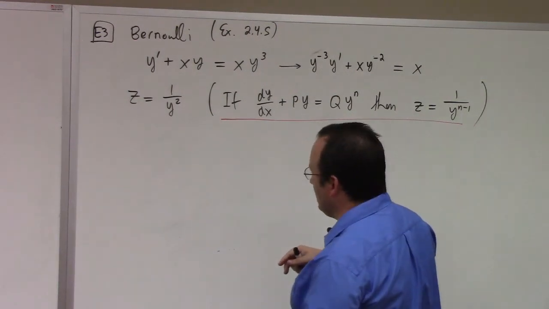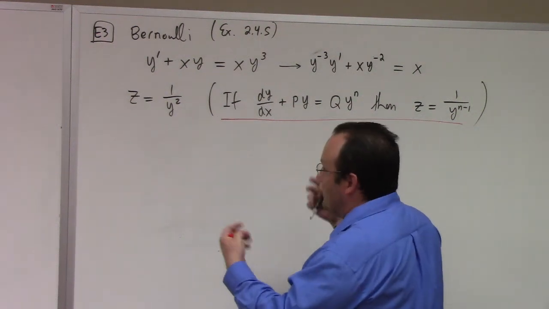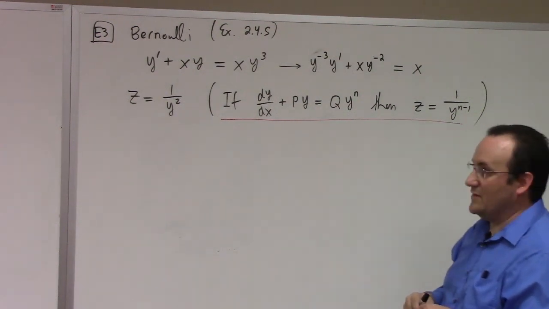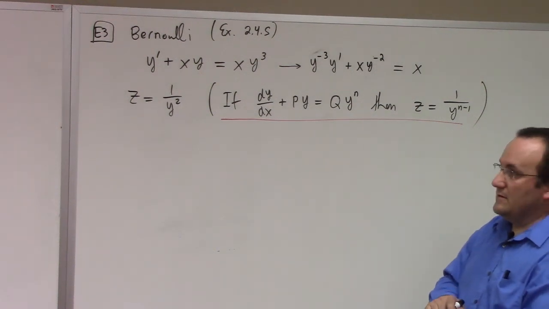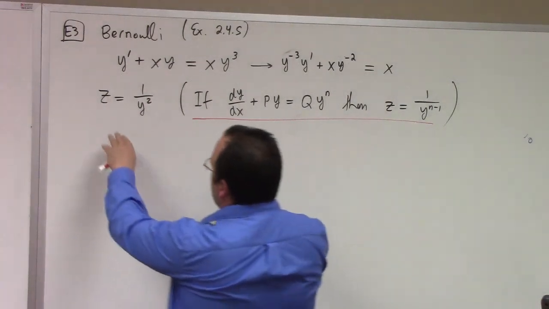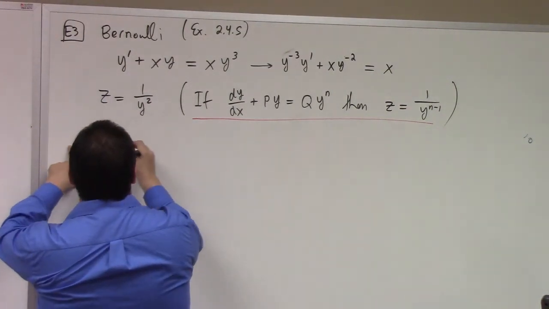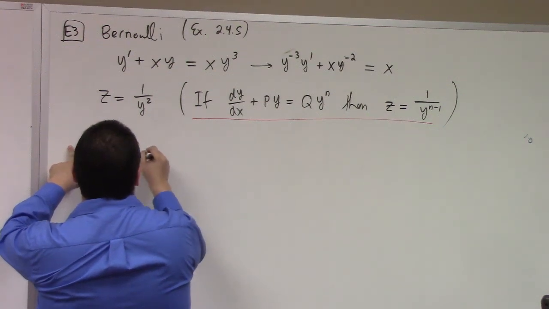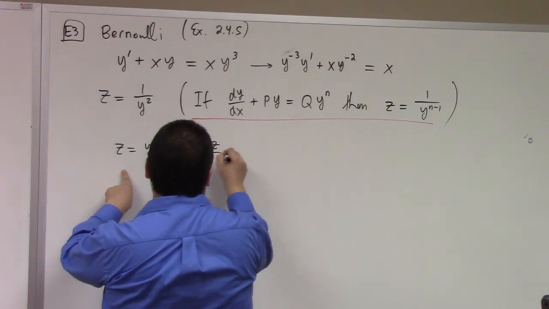All right, but suggesting the substitution and solving the problem, there's still a lot of work to do. After I tell you let z equal 1 over y squared, it's not done. You've got lots to do. So if z is equal to 1 over y squared, that means z is equal to y to the minus 2. Therefore, dz/dx is what?